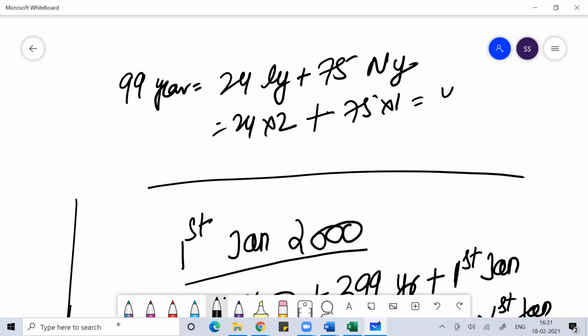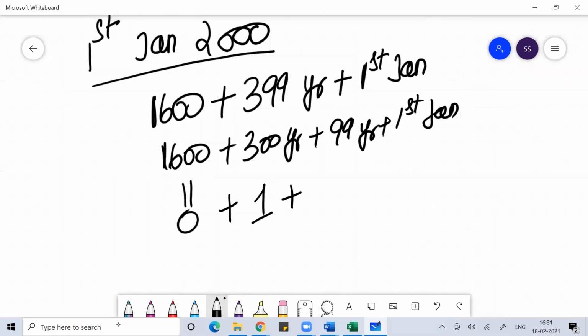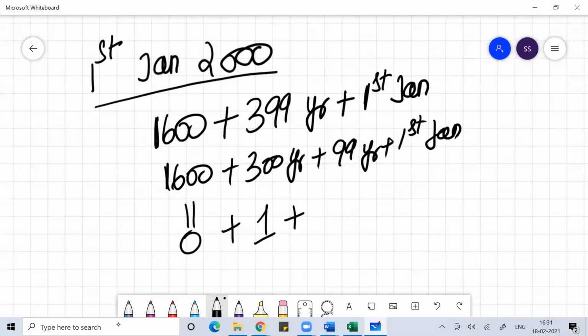So that is 48 plus 75, 123 odd day. 123 odd day means 17 weeks plus 4 extra days. 119 plus 4. So 7 into 17 is 119, so plus 4.